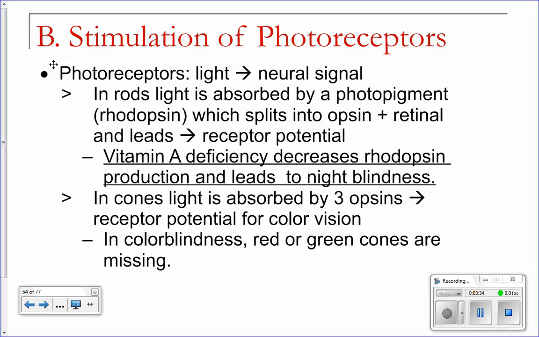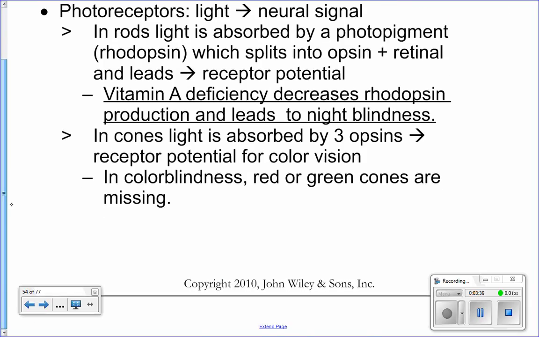Okay. Cones are a little bit different. They still have the retinol and an opsin, but they have 3 different opsins, and those are sensitive to different wavelengths of light, which gives you the different colors. So they split when a certain wavelength of light hits them.